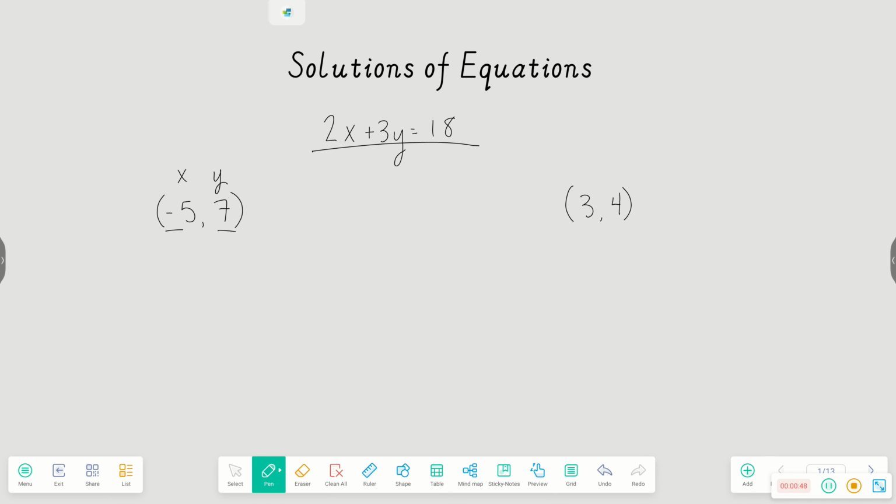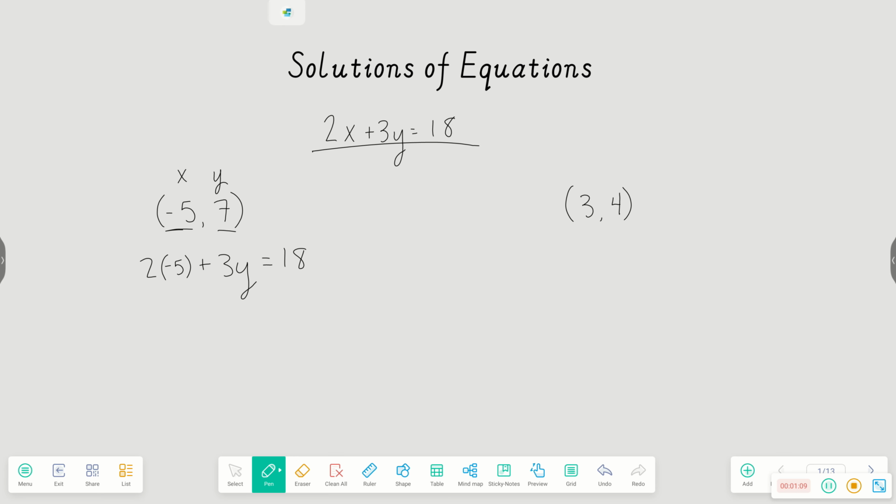I'm going to take this exact same equation and I'm going to write it here. But I know that instead of x, I have -5 for my x value. This is very important. When you substitute, you have to put parentheses around whatever you substitute in.